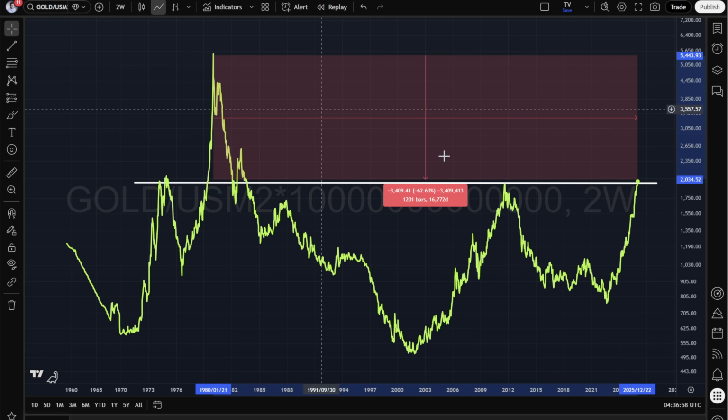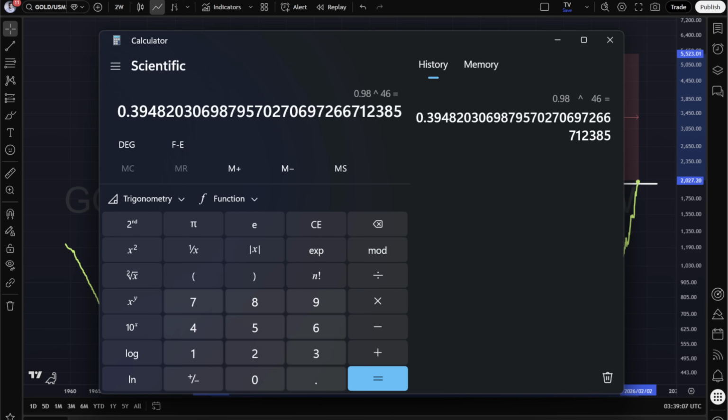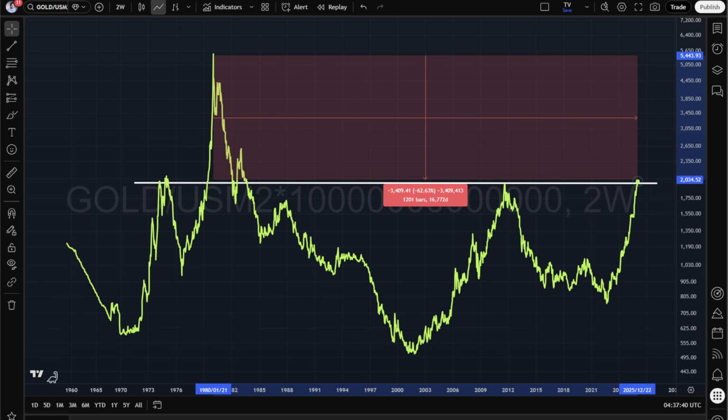Now from this data point over here to this data point over here, we've got 46 years. Let's compound 2% per annum of potential loss of purchasing power over 46 years. We have left over 39% of our initial capital, or we lost 61%. Pretty much exactly the value that we get comparing those two price peaks.